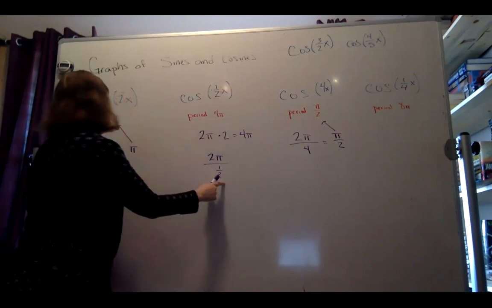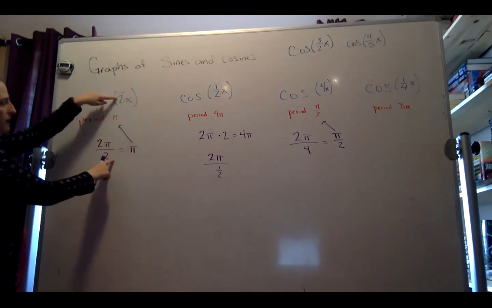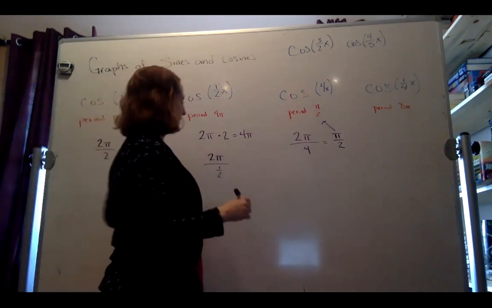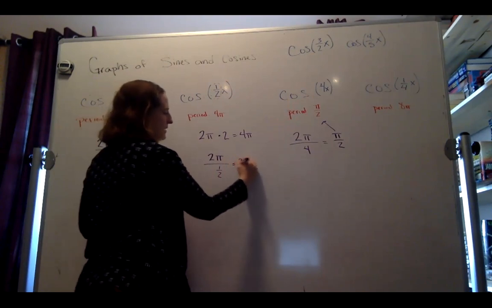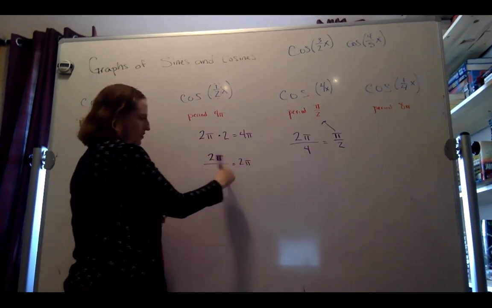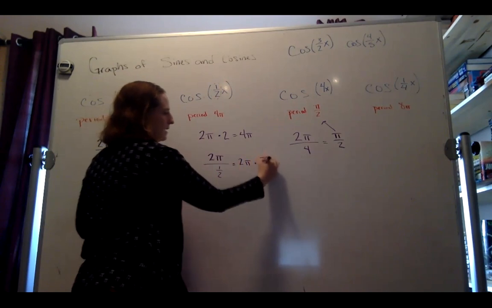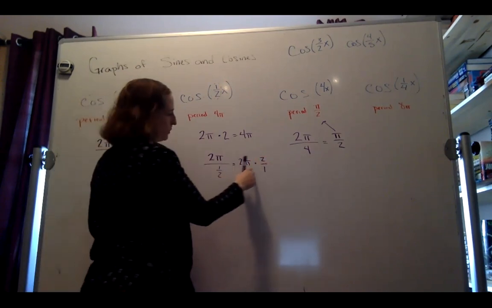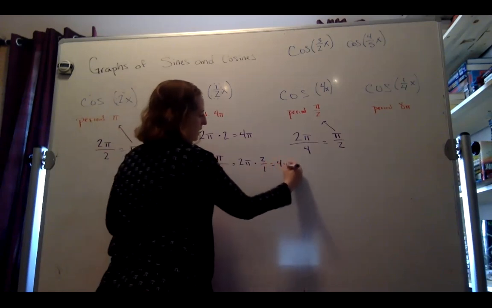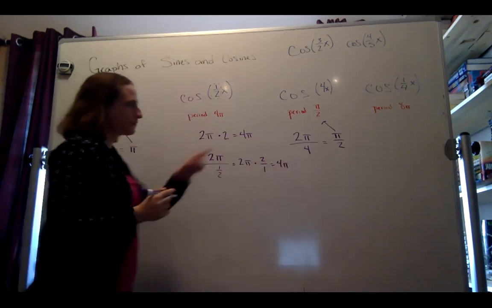The nice thing is it's the same thing I do here, 2 pi divided by 2, 2 pi divided by 4. It means that I am dividing fractions, but remember that dividing by a fraction is the same thing as multiplying by the reciprocal. So 2 pi divided by 1/2 is the same thing as 2 pi times 2, which again gives us that 4 pi.